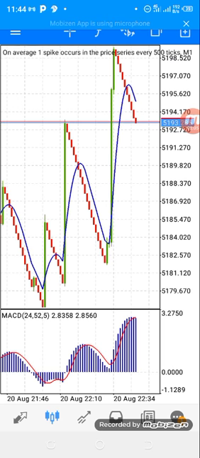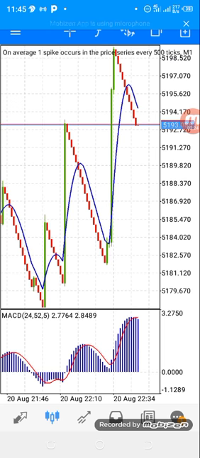The good part of trading boom and crash is just because you don't have any challenges of having a kind of news that will disorganize your chart analysis.